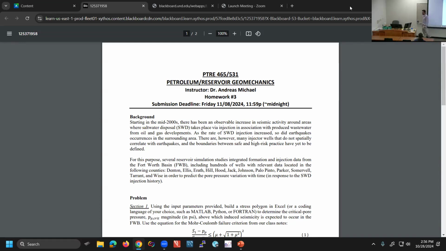Small parenthesis: those are counties in the Dallas area. One of those counties, I believe, is Wise County.